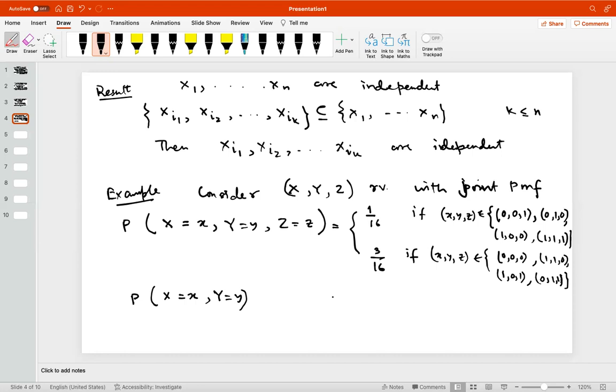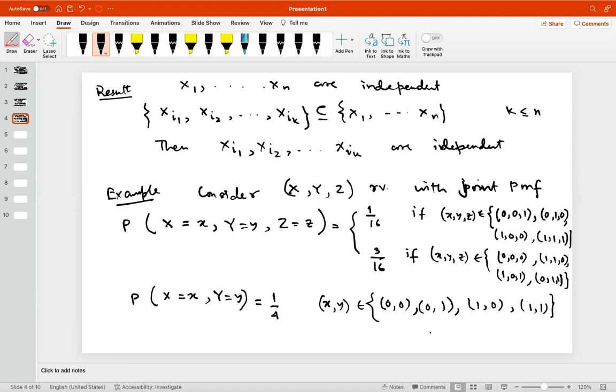So x, y takes the values 0, 0, 0, 1, 1, 0, and 1, 1, and all the probabilities are 1 by 4. Why is it 1 by 4? Because x, y belongs to this set.